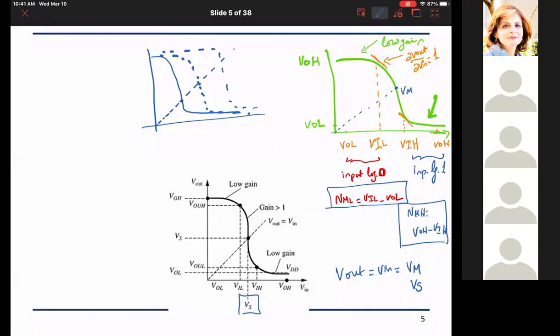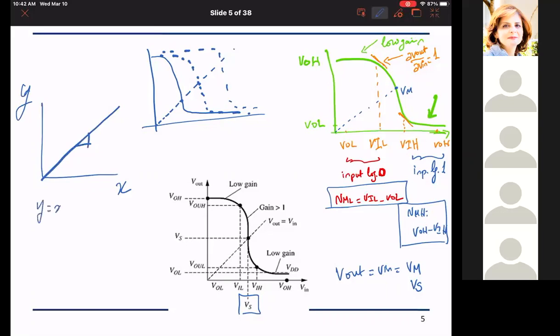Hisham: So, the VM point is where the 45 degree line passes with the graph, or it is the point where V out equals Vin? In DC, it is the point where V out equals Vin. So what am I drawing? I'm drawing V out, which is Y, versus what? X. What does the 45 degree line represent in a graph?